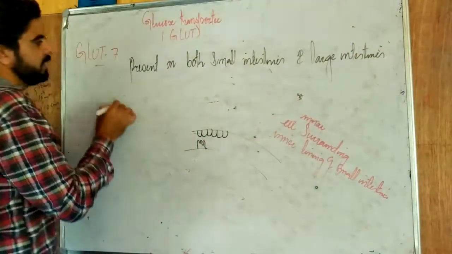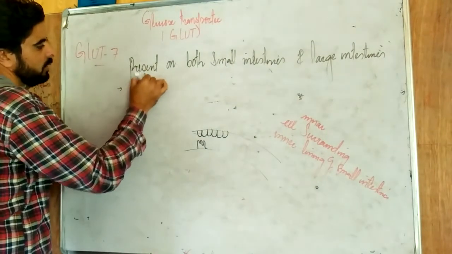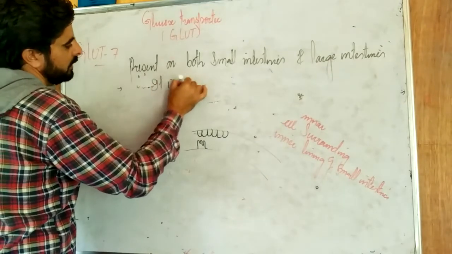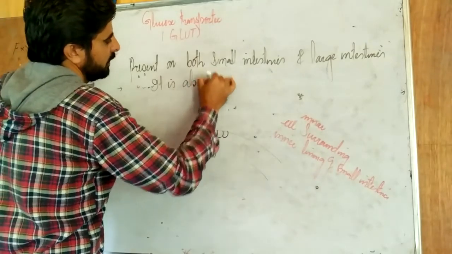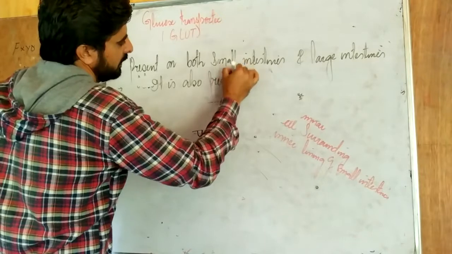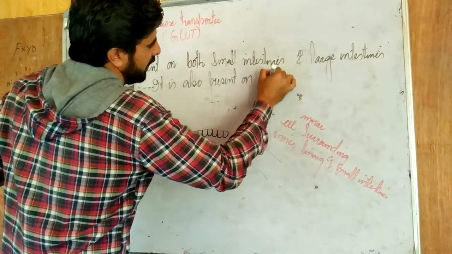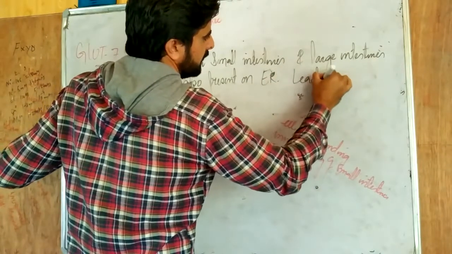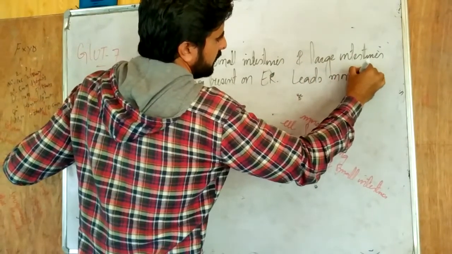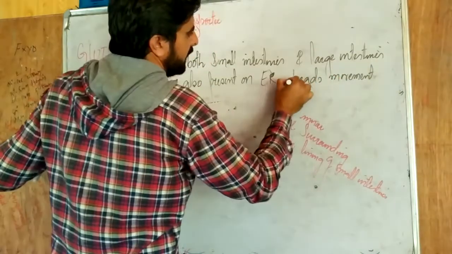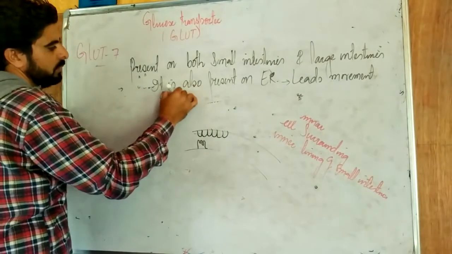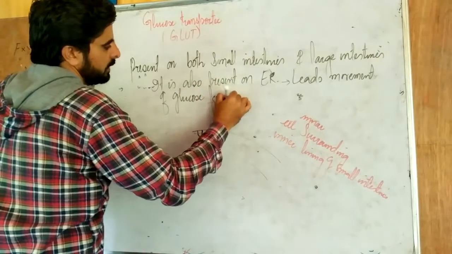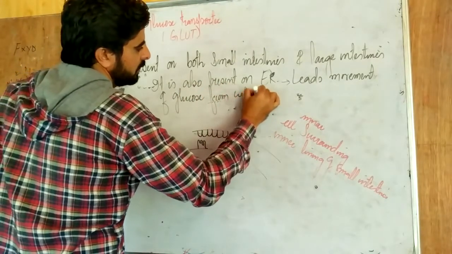It is also present on the ER, endoplasmic reticulum, leading to movement of glucose from cytosol to ER.